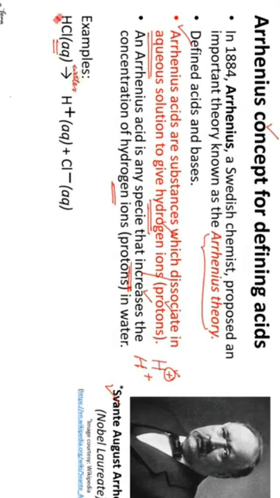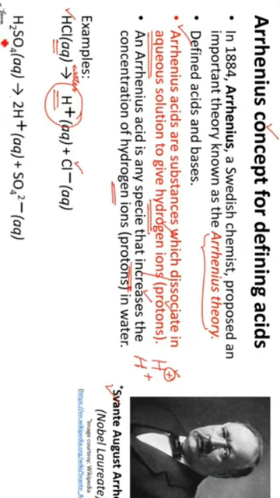It will dissociate into H+ and Cl-. Yes, H+ is produced. Let us take one more example, H2SO4, sulfuric acid, aqueous. When you put it in the water, it will dissociate into 2H+ and SO4 2-. Here two hydrogens are there, so it has come as 2H+.